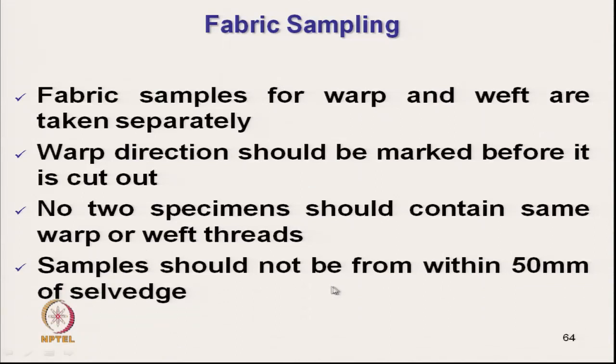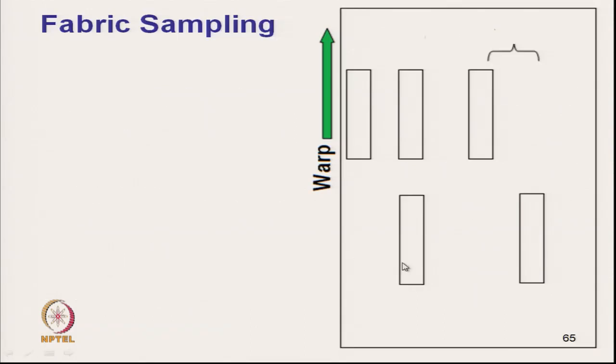Samples should not be taken from within the edge, because at the edge we will have selvage and some other problems may be there. So, we should avoid at least 5 centimeters, that is 50 millimeters, from the selvage when we collect the sample. Now, these are the different cuttings.